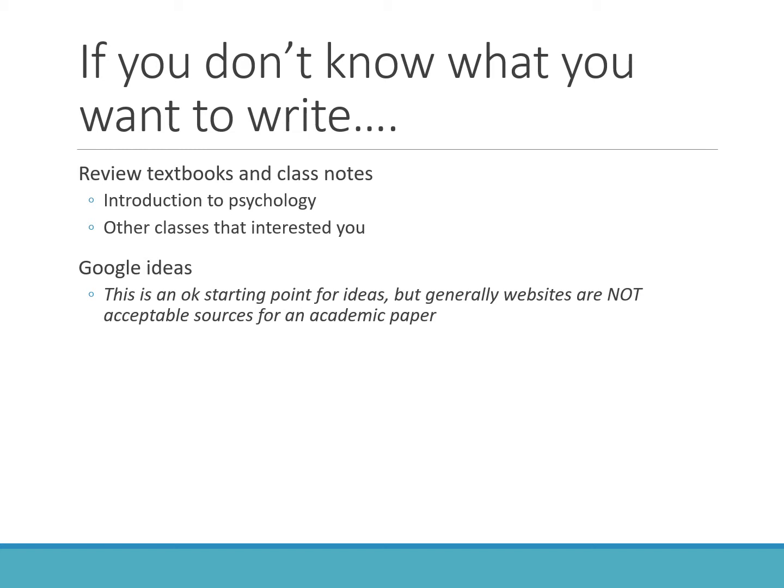Now you're getting to the level of specificity in a topic that could work really well for this paper. You're not going to be citing the Wikipedia article because you're just using that to narrow your ideas. Now that you've decided you want to write a paper on eyewitness memory or eyewitness testimony in memory, you're going to go and actually look at the psychological research on that topic.